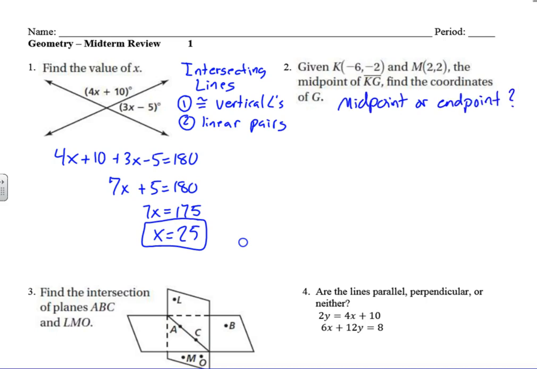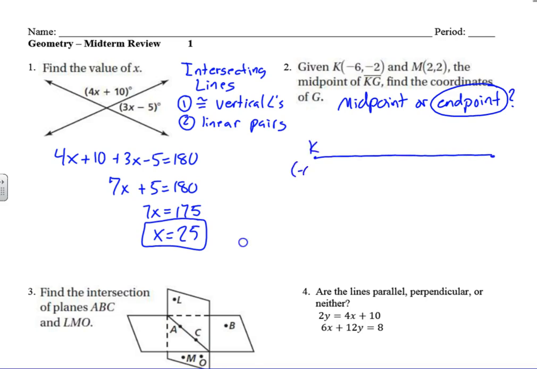That's the question. Which one are we looking for? Well, we're given K and M, the midpoint, so that means M is the midpoint of KG, so we're looking for an endpoint.